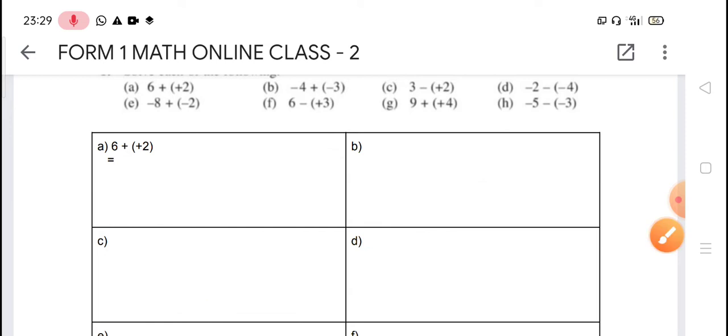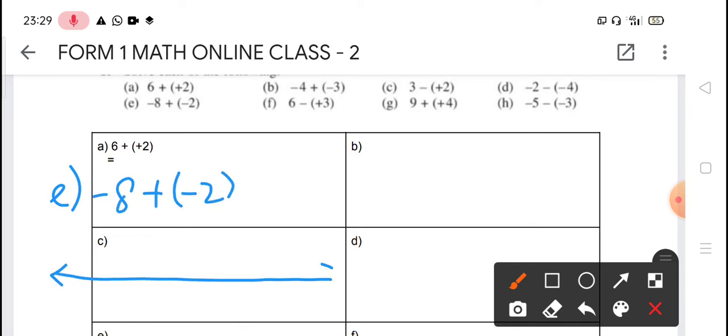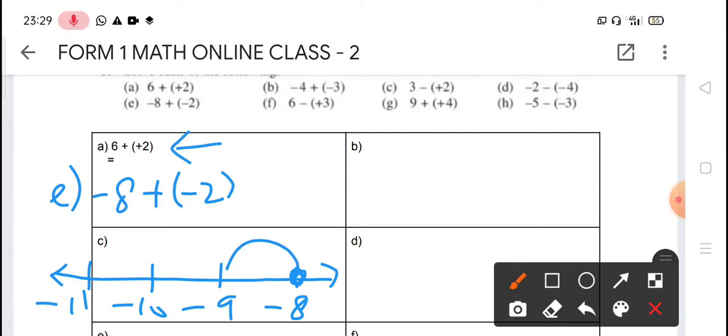Next, we move on to question E. Question E is negative 8 add with negative 2. We get the number line: negative 8, negative 9, negative 10, negative 11. We start from negative 8. Add negative means you move to the left 2 steps, 1, 2.